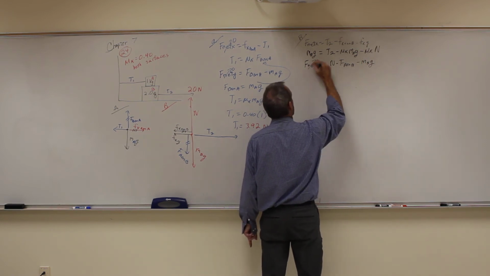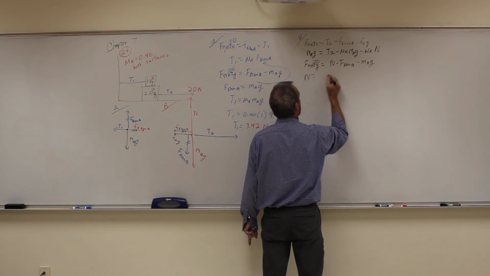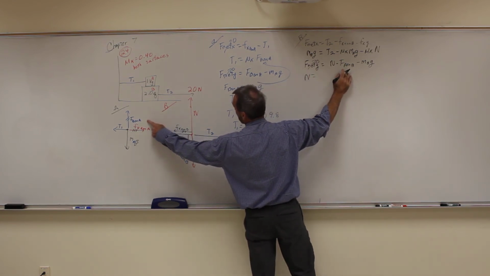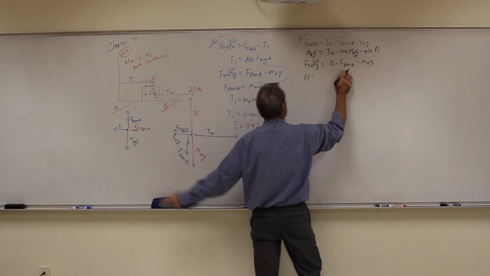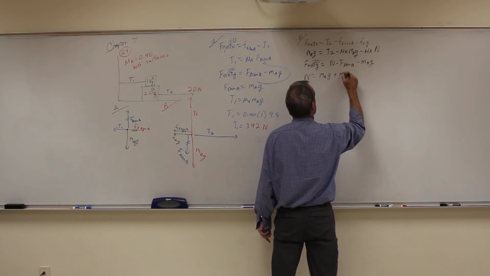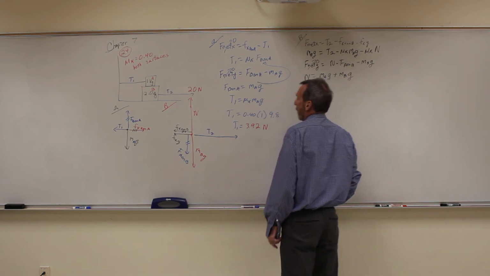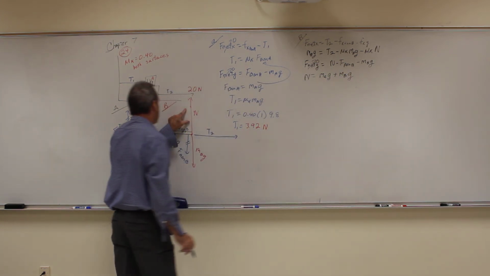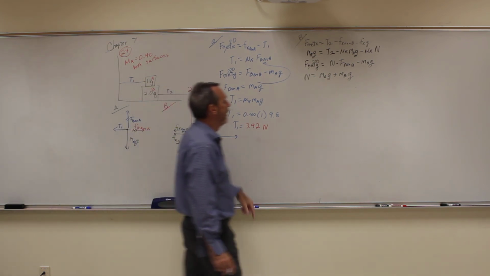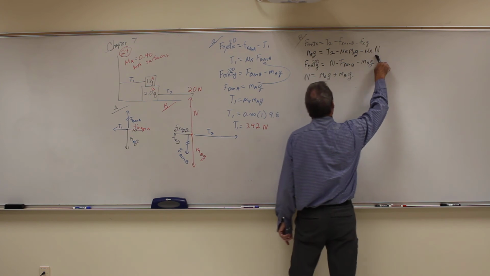And this is going to be 0, so we're going to say the normal force is going to be F of A on B, but we already figured F of A on B is F of B on A, which is equal to MAG, so this is going to be MAG plus MBG. It makes sense that the normal force has to be equal to those two added together. So I'm going to plug that back in to there.